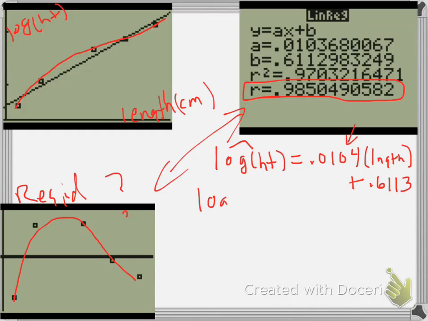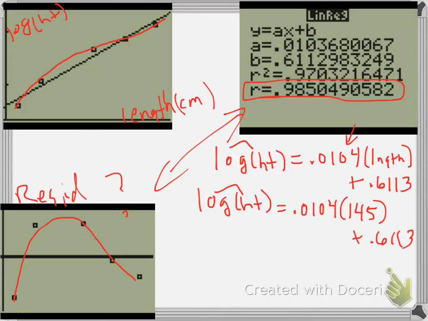So the predicted log of height is, well, we want to put 0.0104 and we will put 145 in there plus 0.6113. Okay, so we're going to get the predicted log of the height. So I get that there.